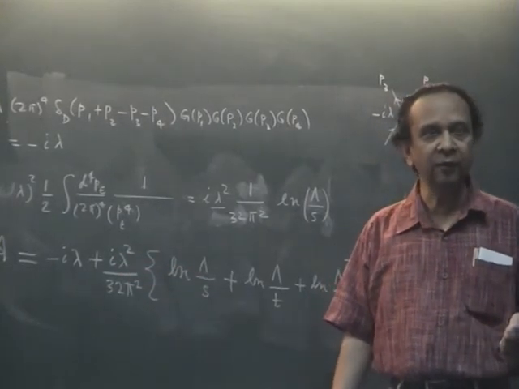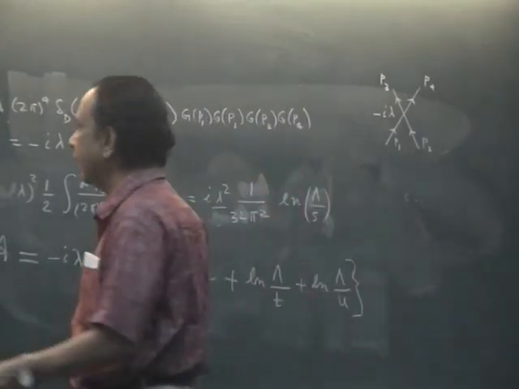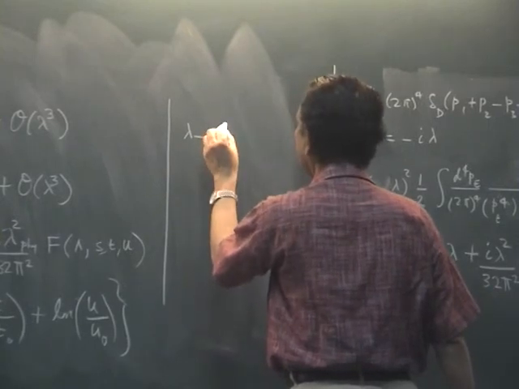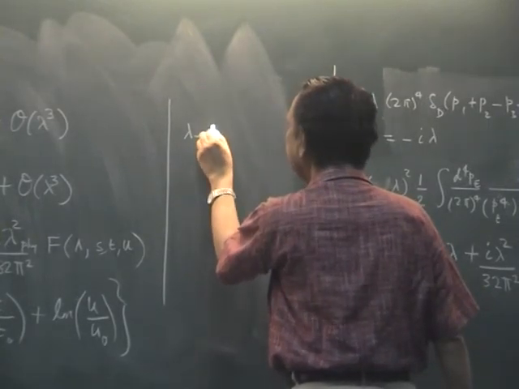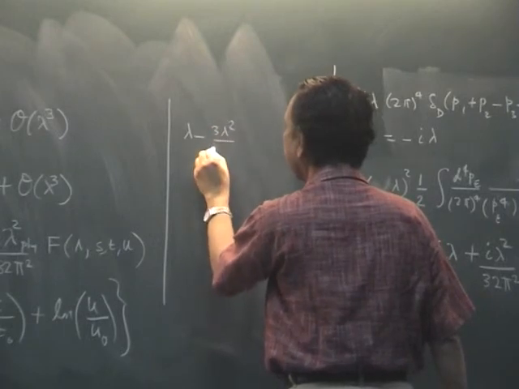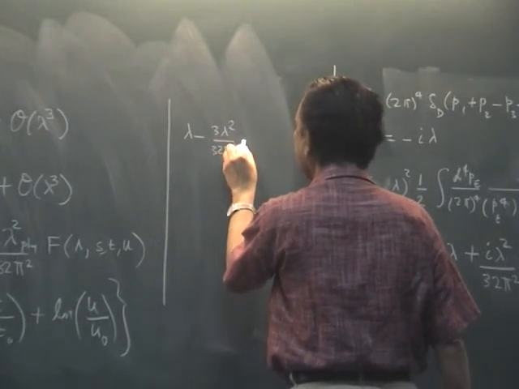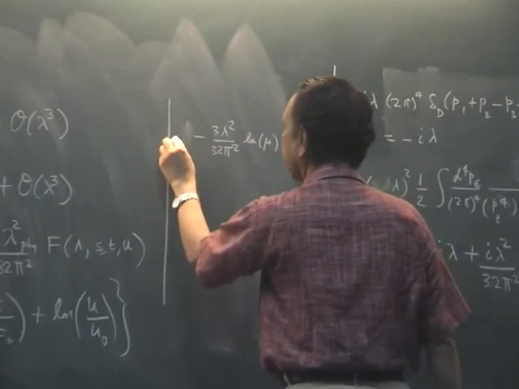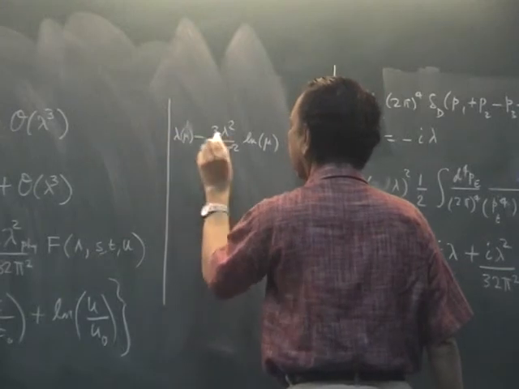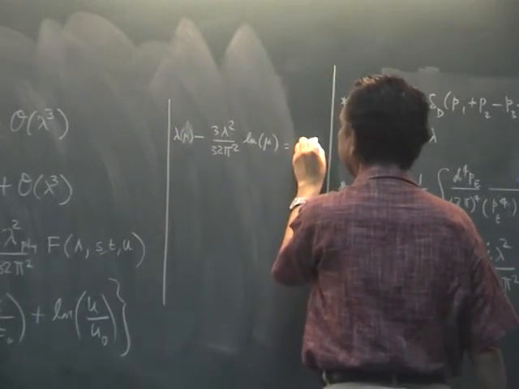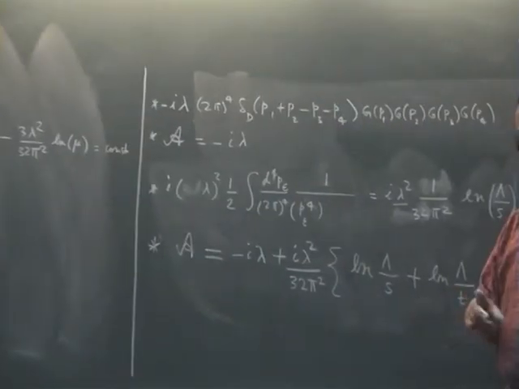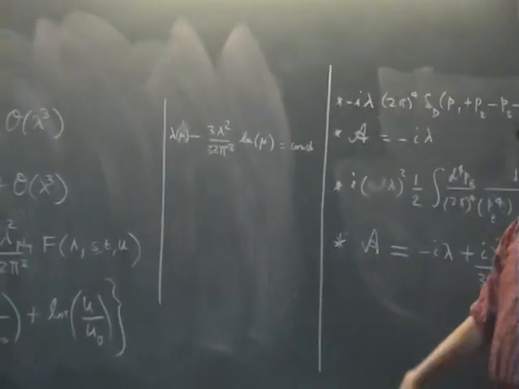And if you work it out, you will find that lambda minus 3 lambda squared upon 32 pi squared log mu should be a constant. The factor 3 comes because you will get a log mu in each one of them, and everything else is there. And if you go back to your notes, you will find this is what we have found previously.